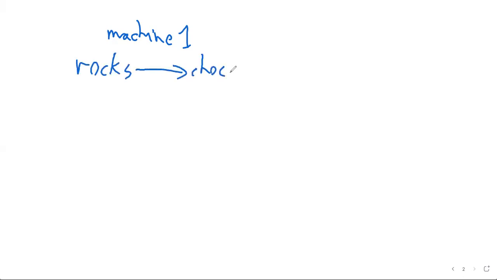You have a mad scientist neighbor, but at least he's doing good things for the world. He's taking rocks into chocolate, stealing your landscape rocks to do it. That's machine number 1. And then you had another mad scientist neighbor on the other side of you, machine number 2.